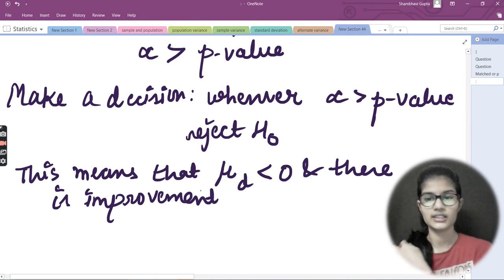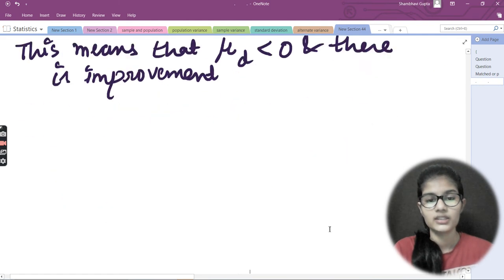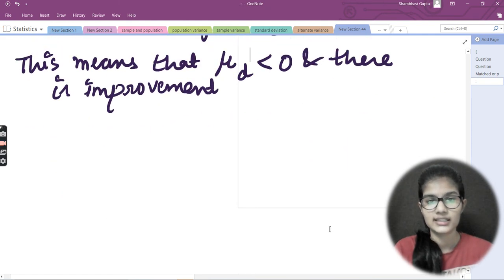So whenever alpha is greater than the p-value, we just reject the H naught, and this means that mu d is less than 0 and there is some improvement.